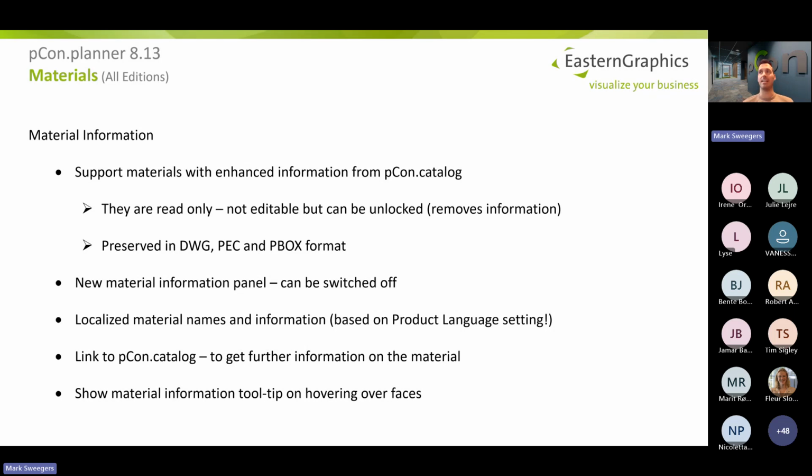Depending on the way that a manufacturer has incorporated the material information, it will be shown within the material itself. And there will be a link available to pCon catalog with a redirect to that exact material within the library itself to get some more information about the material.